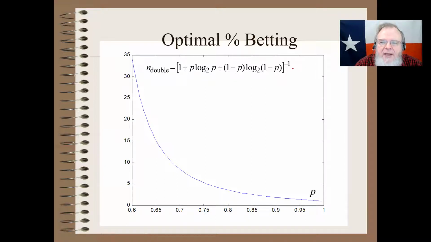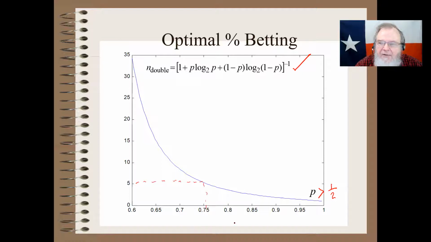This is the number of games that you have to play to double your money. So let's look at these different results. You'll notice, first of all, p has to be greater than a half. Say that you want to double your money in 5 turns.